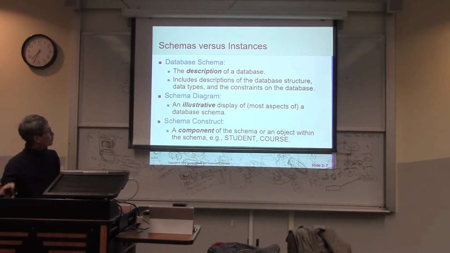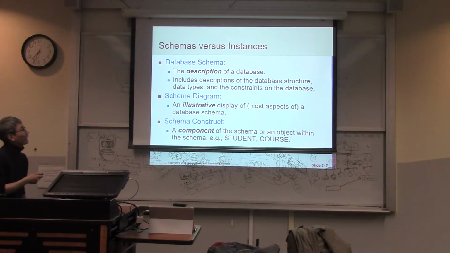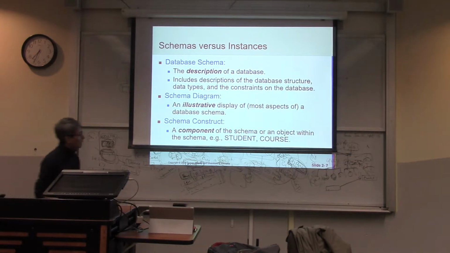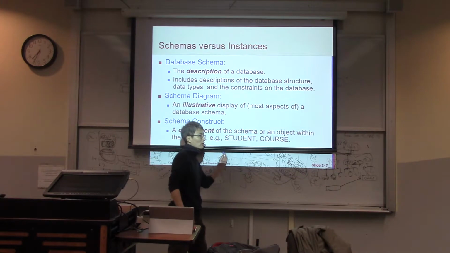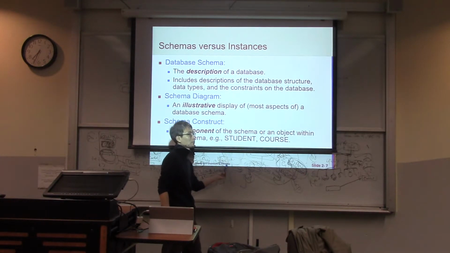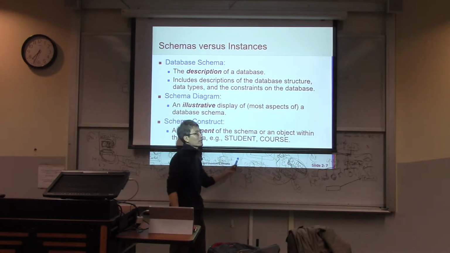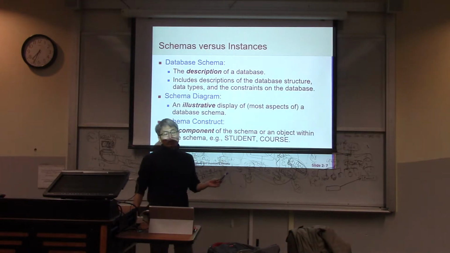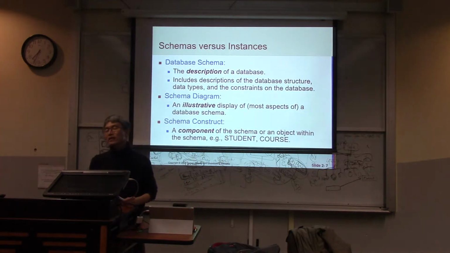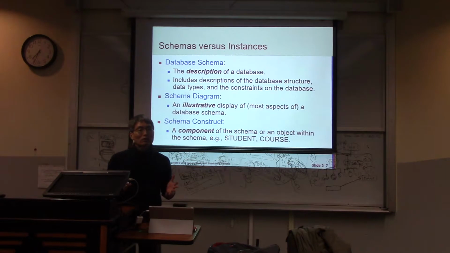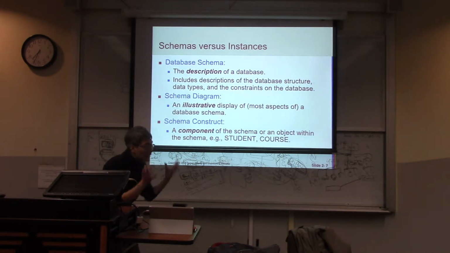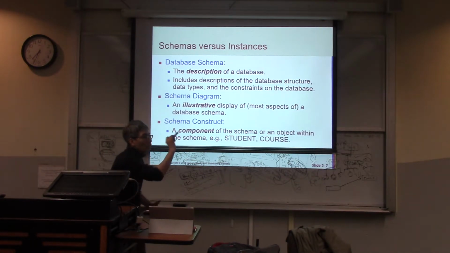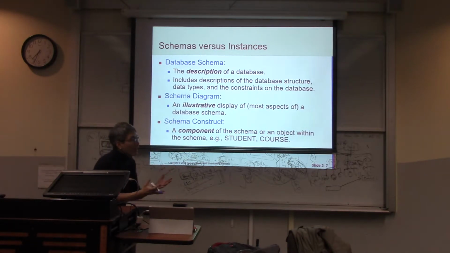Our goal is to define the database schema. The output of database modeling is the database schema. Schema means description. Our goal is to design the database, which means we need a description of our database design.